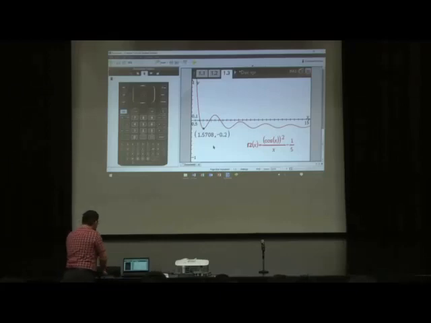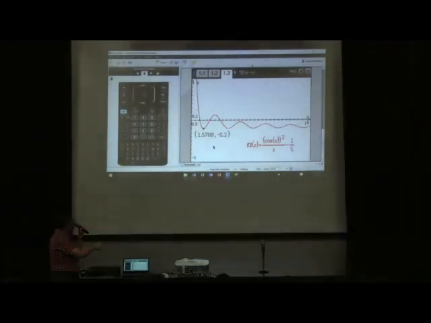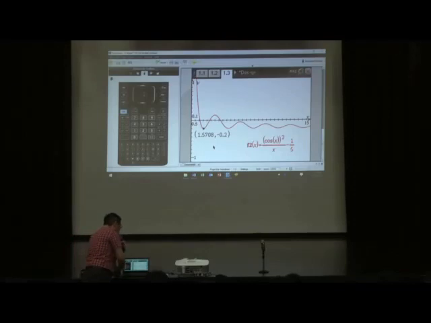The relative extremes of the function f prime correspond to the inflection points of the function f. So you actually have a few more inflection points. You have this point, then here you have 2, then 3, 4, 5, 6, then 7, 8, and 9. Basically that's about what I need to show.